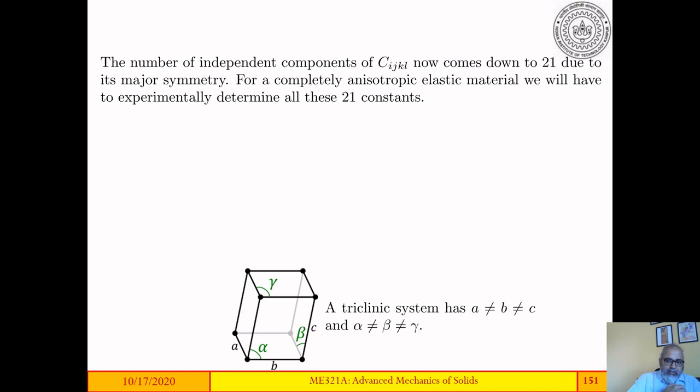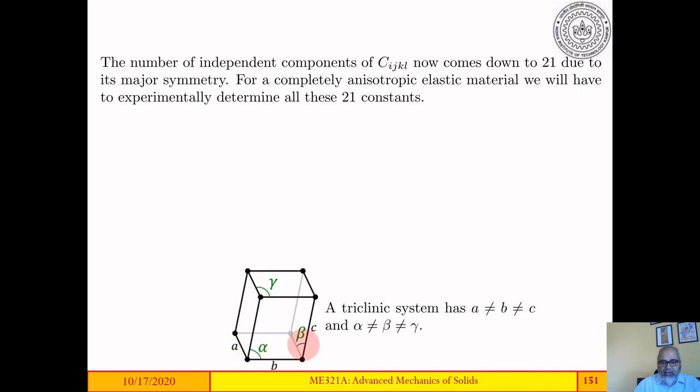Okay, so there are different kinds of materials. I don't know how much material science you have learned, but there are materials which are called triclinic materials. So think of a single crystal of a triclinic material, and a triclinic material has a crystal structure which looks like this, where alpha, beta, gamma. So these are atoms, for example.